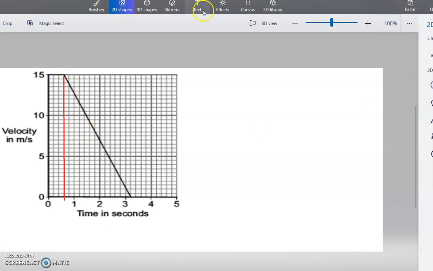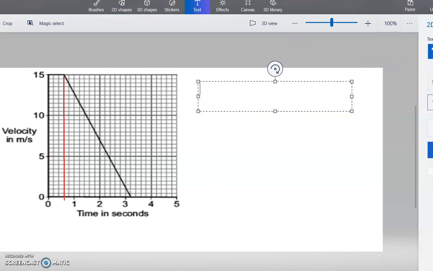So let me write it down here. So we have the reaction time, which is 0.6 seconds.